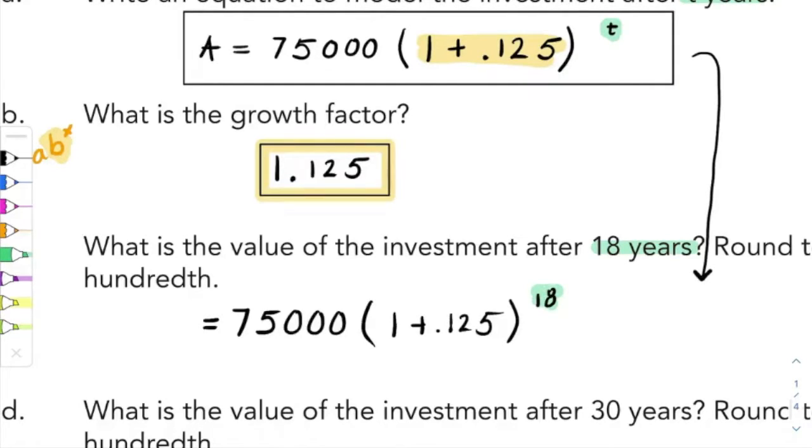And if you type that into your calculator, you get approximately $624,894.45.